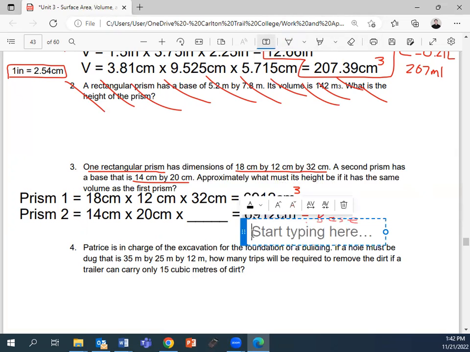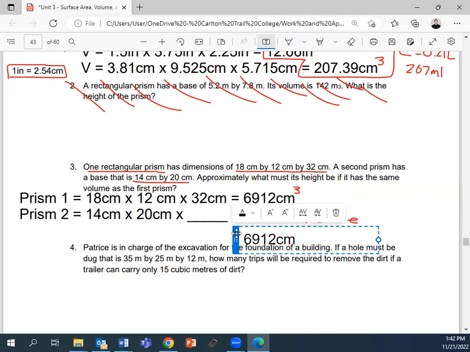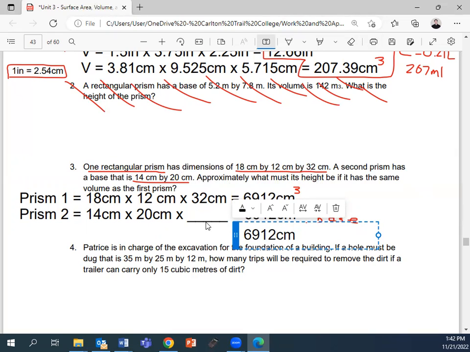Which base? Good question. It's the base of the second prism, because that's the thing I'm trying to figure out the height with, right?